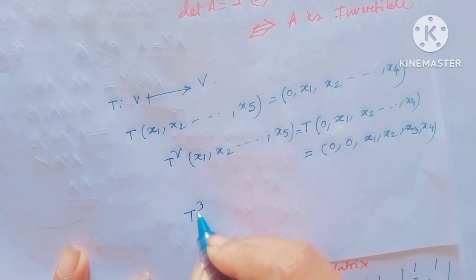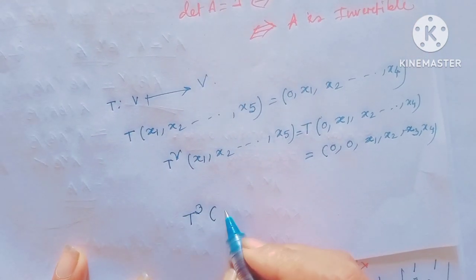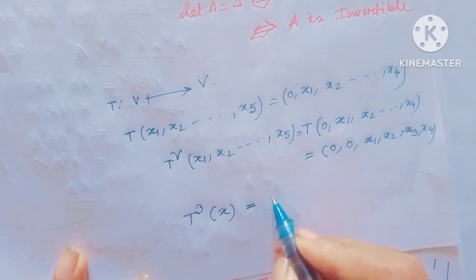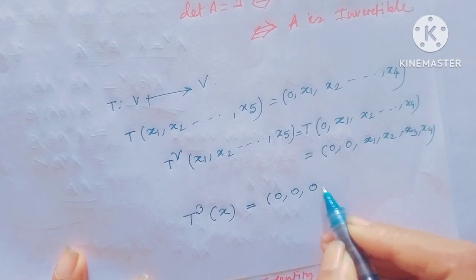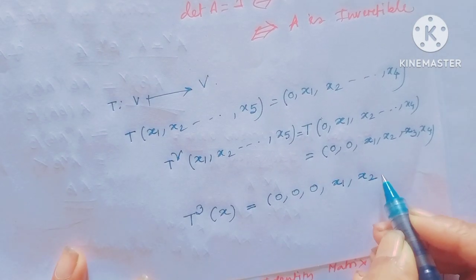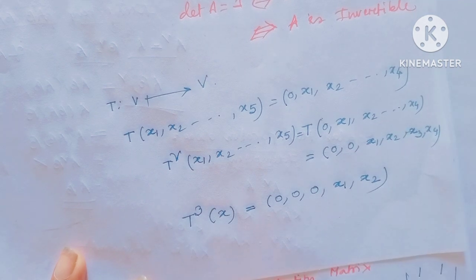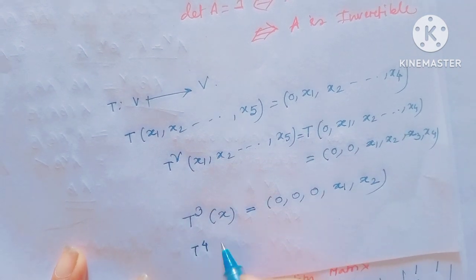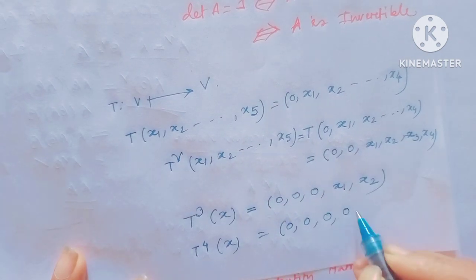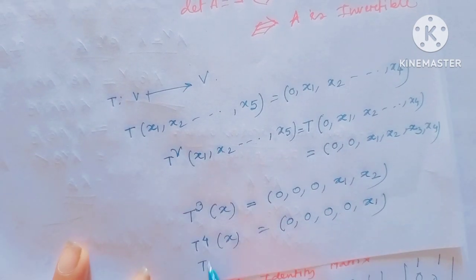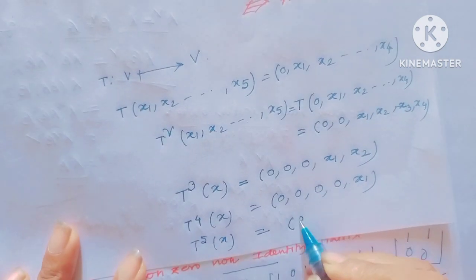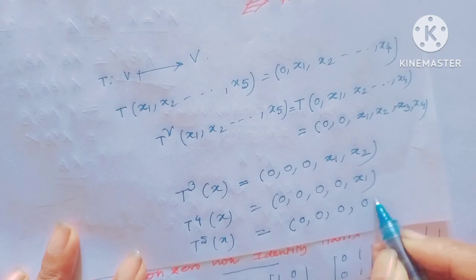Similarly, T cube of x, where x means (x1, x2, up to x5), would be (0, 0, 0, x1, x2), and T to the power 4 of x equals (0, 0, 0, 0, x1), and T to the power 5 of x equals (0, 0, 0, 0, 0).